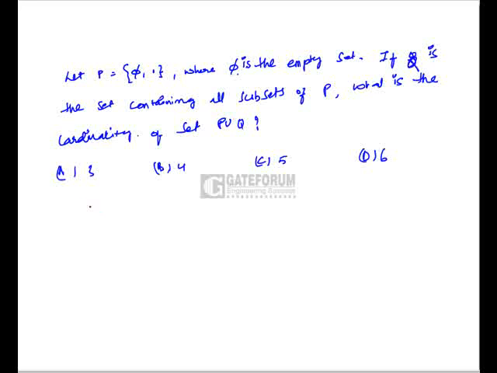It is given that P is equal to phi comma 1 and Q contains all the subsets of P. That is nothing but Q is equal to power set of P.